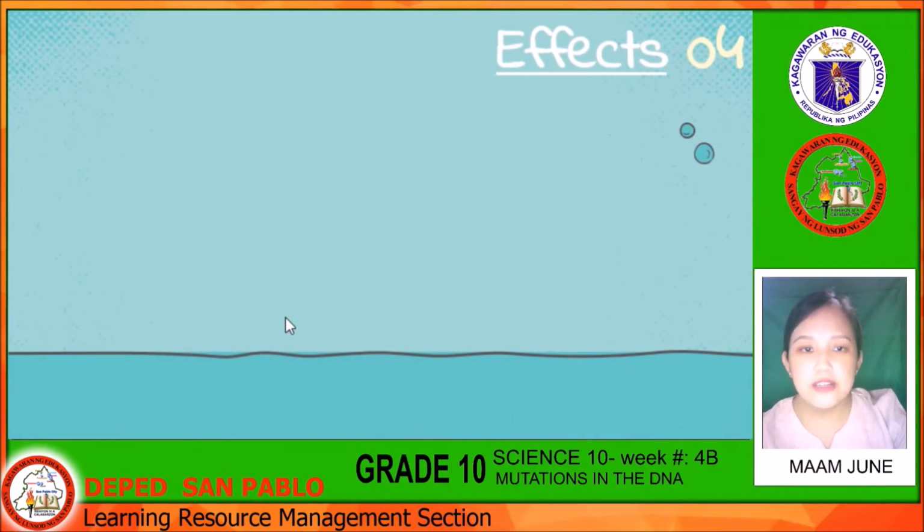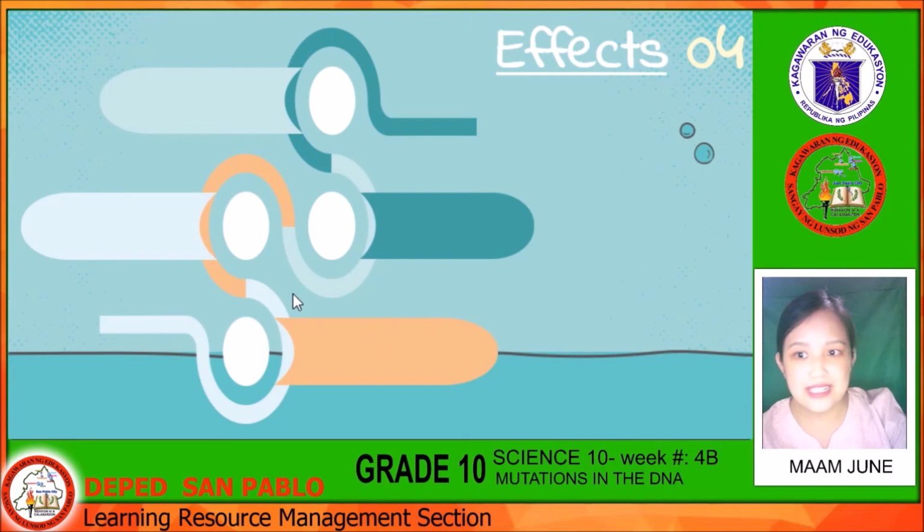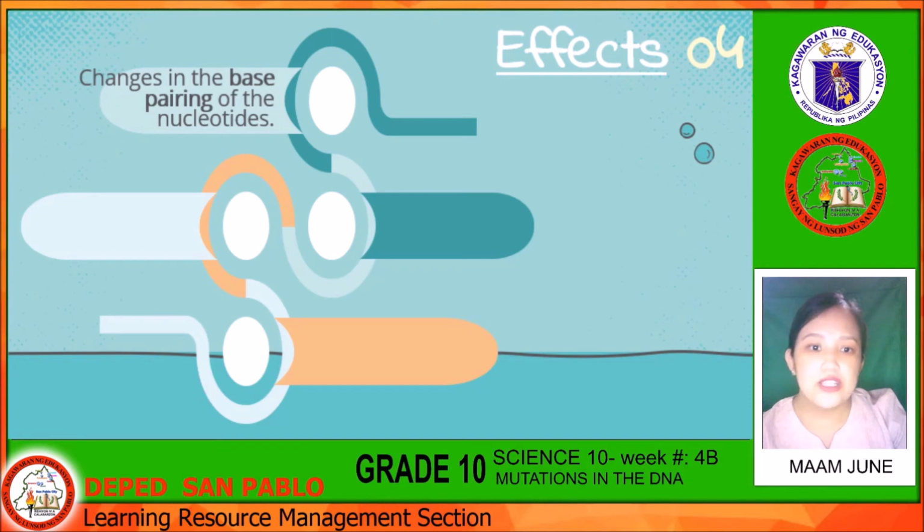From the simulation above, we can see how the changes in the DNA affect the proceeding processes until the synthesis of the protein molecule. These alterations in the DNA change the base pairing of the nucleotides. It also changes the resulting RNA from the transcription.